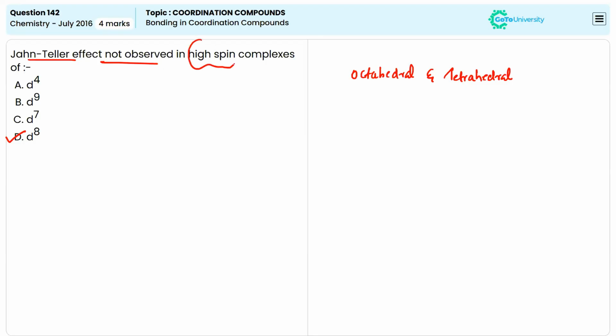Especially here it is given that they are asking for high spin complexes. So if the d8 complex is a high spin complex, it cannot show the Jahn-Teller effect. So the correct answer is option D, that is the d8 configuration.